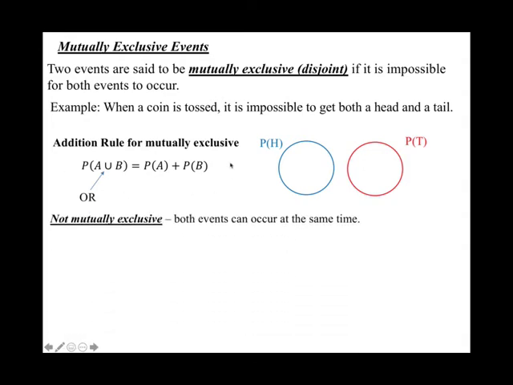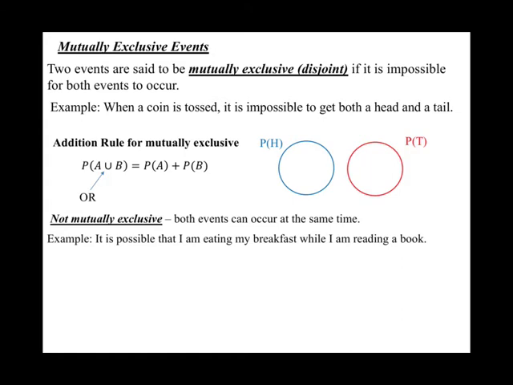Another case is called not mutually exclusive. Not mutually exclusive means both events can occur at the same time. For example, it is possible that I'm eating my breakfast while I'm reading a book. Let me use this picture to explain. Let probability of A be eating my breakfast, and probability of B be reading a book.